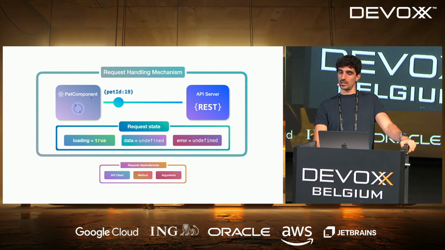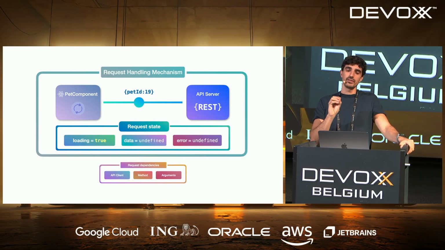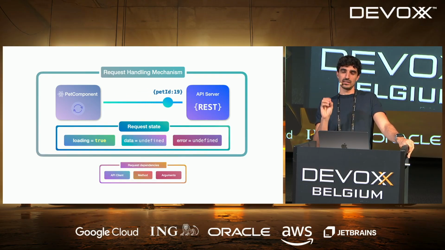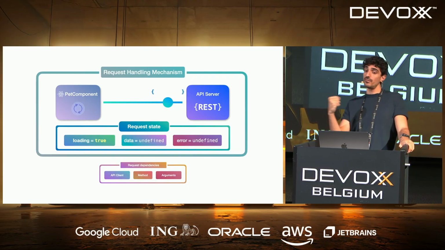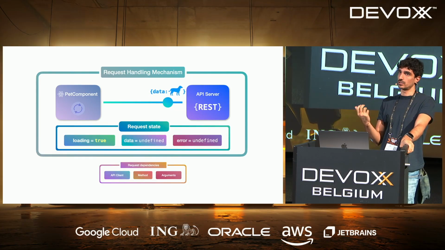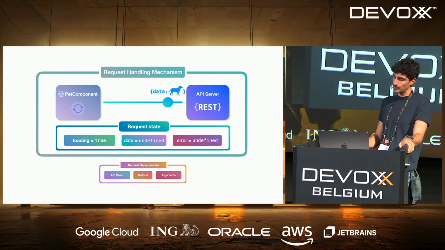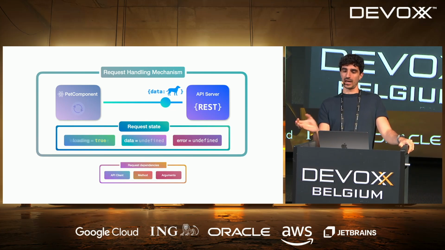There is a spinner there that you can see. And as soon as we fire the request, it gets to the API REST server, and the server loads the data correctly, in this case, right? And the data comes back.